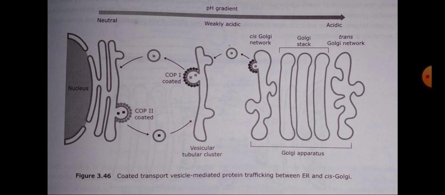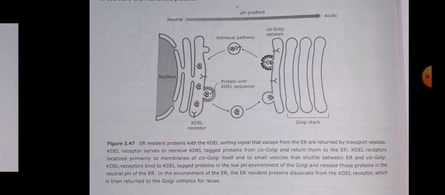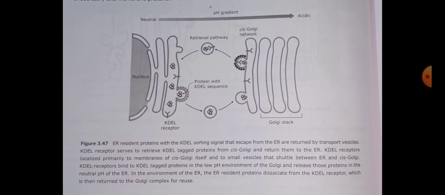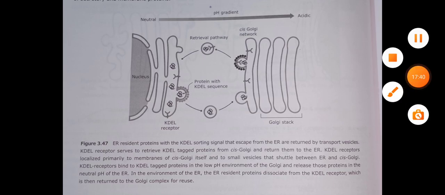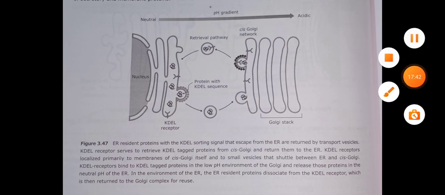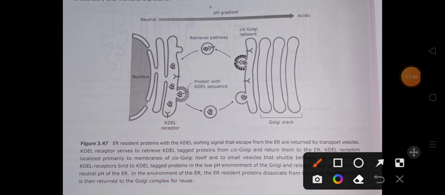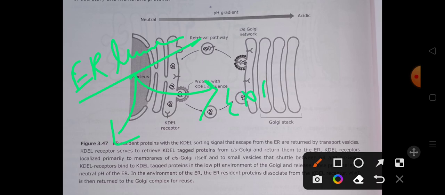Now in the next part of this video, I am going to talk about the next topic, that is a question. In the beginning of that video I told you that there are two types of proteins present in the ER domain. One is export protein, another one is resident protein, right?